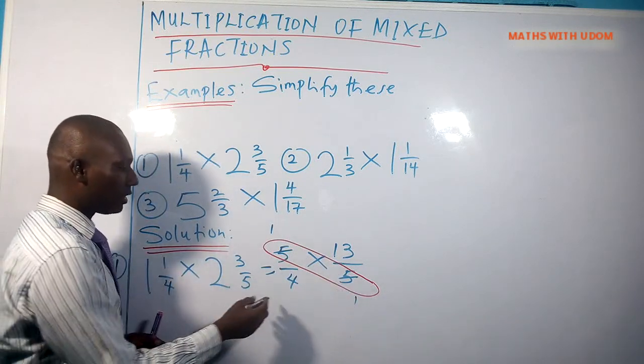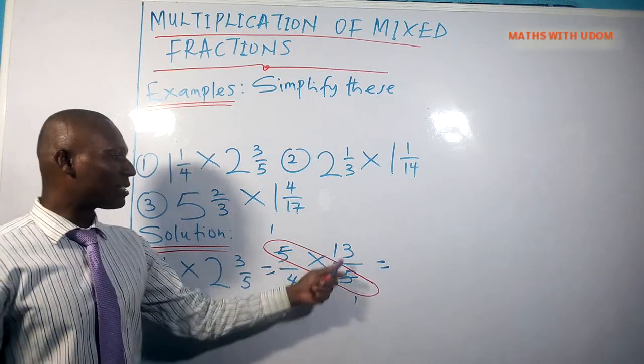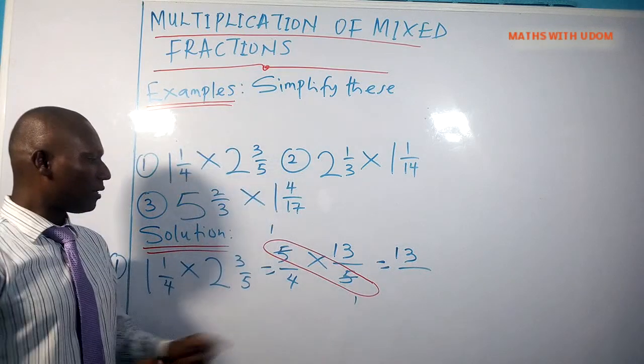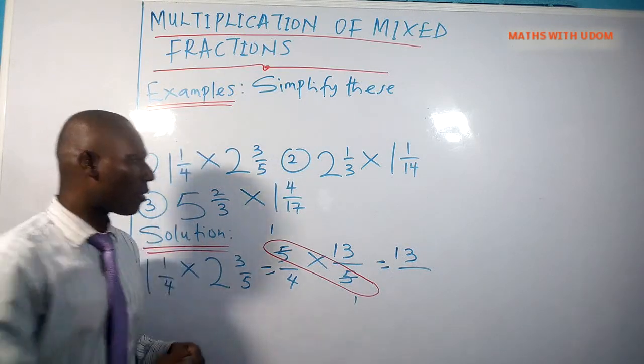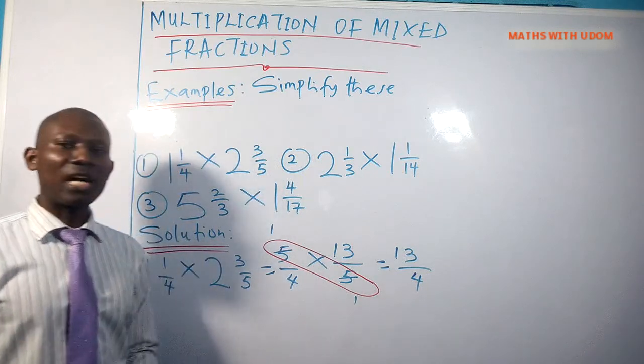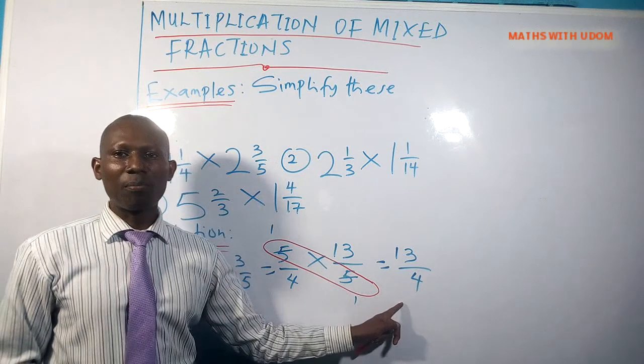We now have our numerator, 1 times 13 will give us 13, divided by 4 times 1 will give us 4. So we cannot leave our answer this way. We need to write the answer in mixed fraction, because this is an improper fraction.